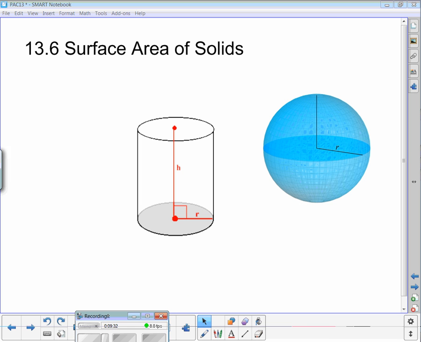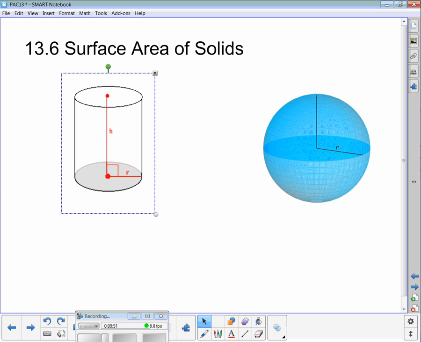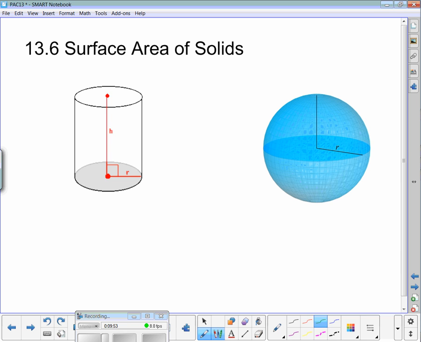Okay, so here it is, a cylinder, right? Like a can of Coke. It's pretty close to a cylinder. The cans aren't nice and round anymore, but that's a cylinder. So how in the world will we figure out the surface area of a shape like this?